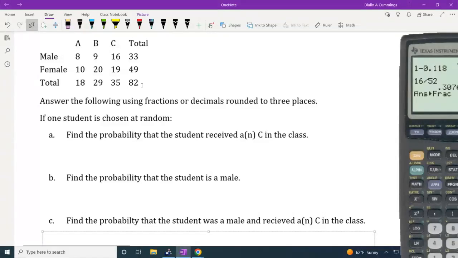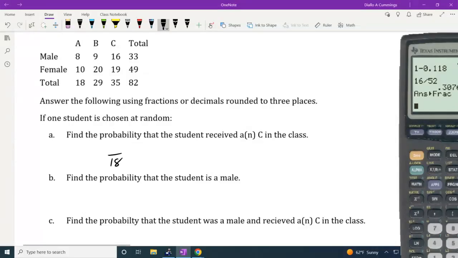If you do not see the word given, then you're going to use 82 as your total.